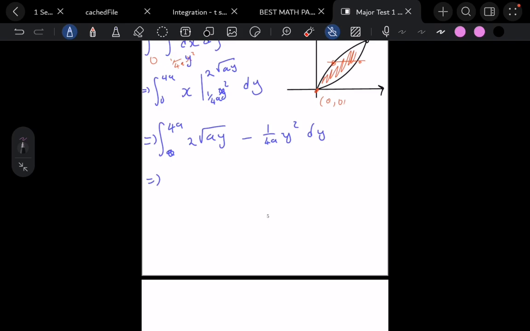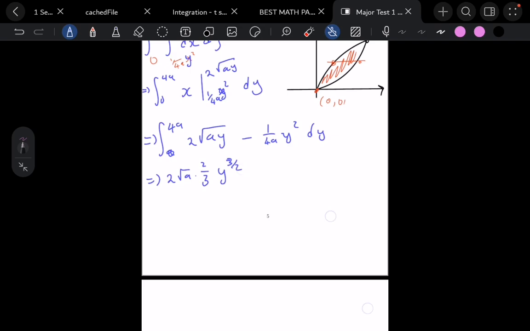So what is the integral of this? 2 root a times 1 over 0.5 plus 1. It's going to be 2 over 3 y to the power 3 over 2.